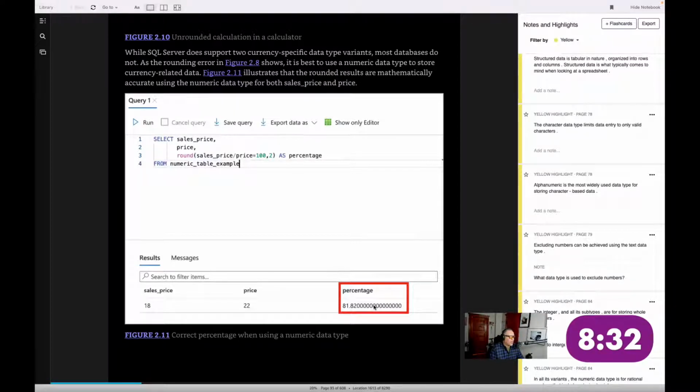So you have to round the answer in MySQL when you're using the numeric data type. Okay, that's key.